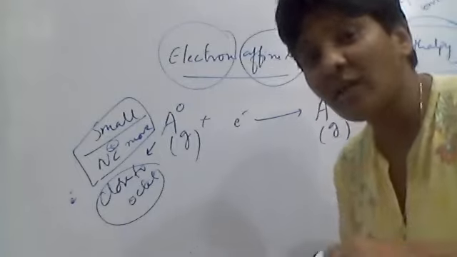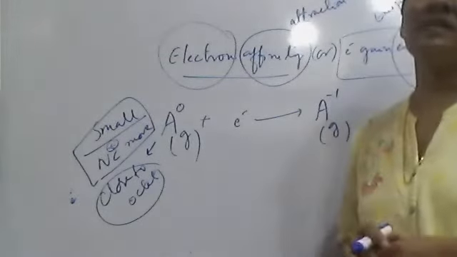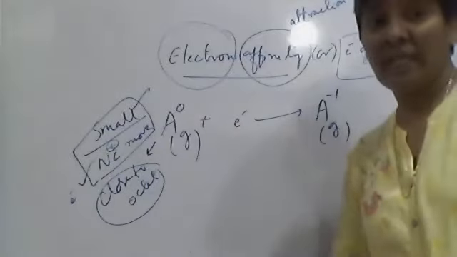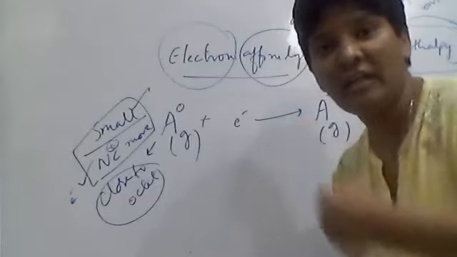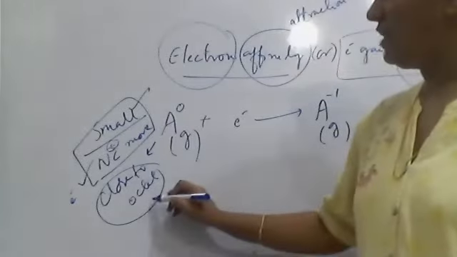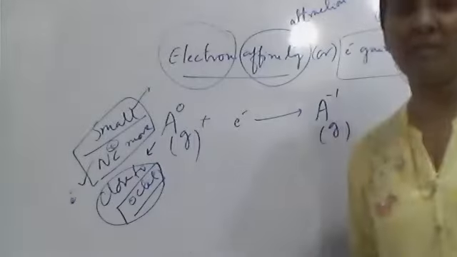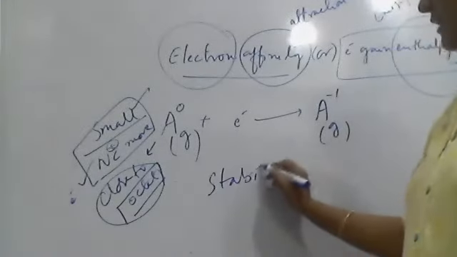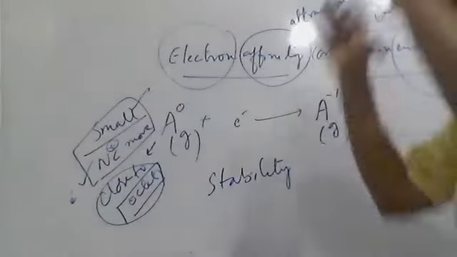So what happens? They are close to octet. So these 6th and 7th group elements, because of small size and more nuclear charge, have more tendency to gain electron, because as they get octet, they become stable. And we all know that as stability increases, energy decreases.